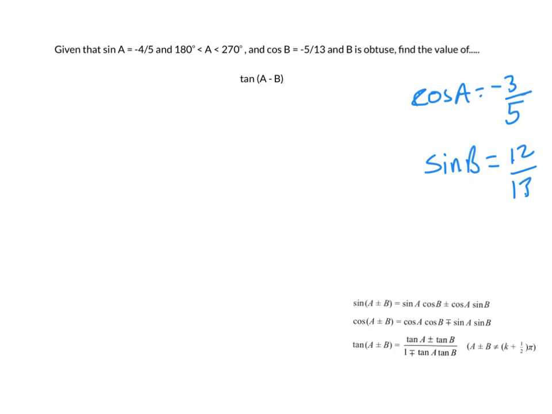Okay, let's now try and find tan of A minus B. So, well, first of all, it'd be useful to have tan A and tan B. Well, we know tan is, of course, sine over cos.